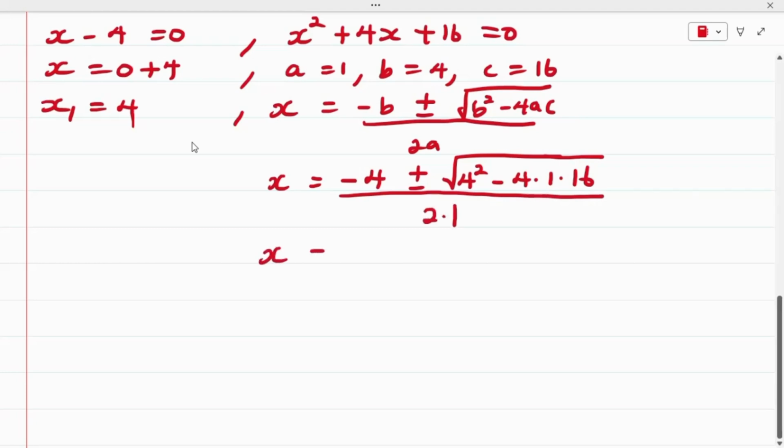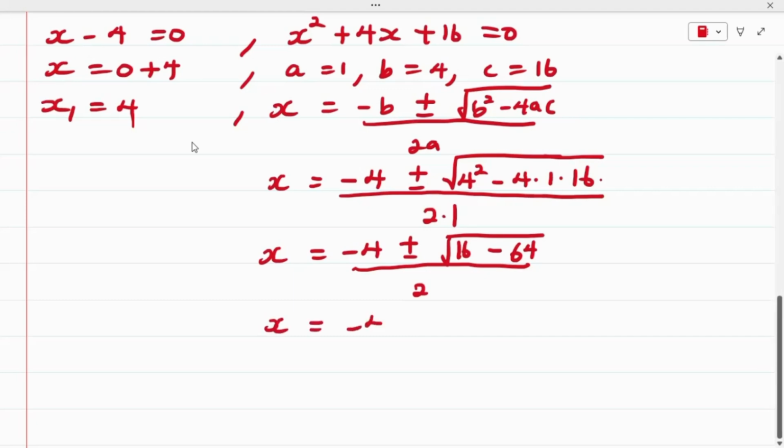So we have x equals minus 4 plus or minus the square root of 4 squared, which is 16, minus 4 multiplied by 1 multiplied by 16, which gives us 64, divided by 2 multiplied by 1, which is 2. We have x equals minus 4 plus or minus the square root of 16 minus 64, which gives us minus 48, divided by 2.